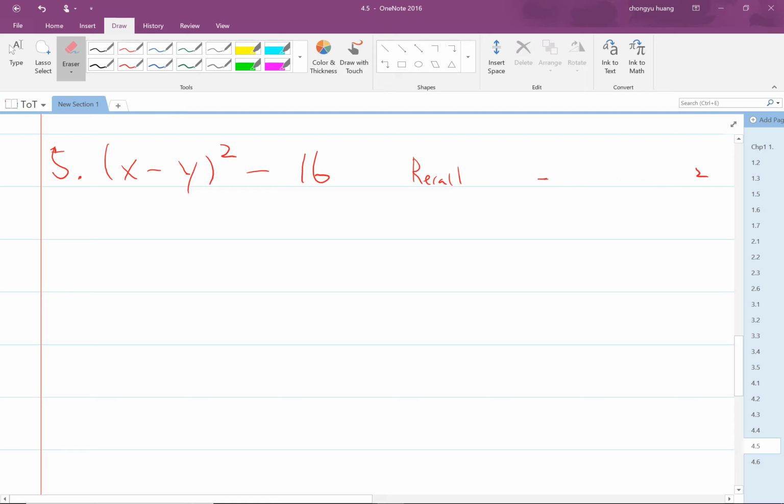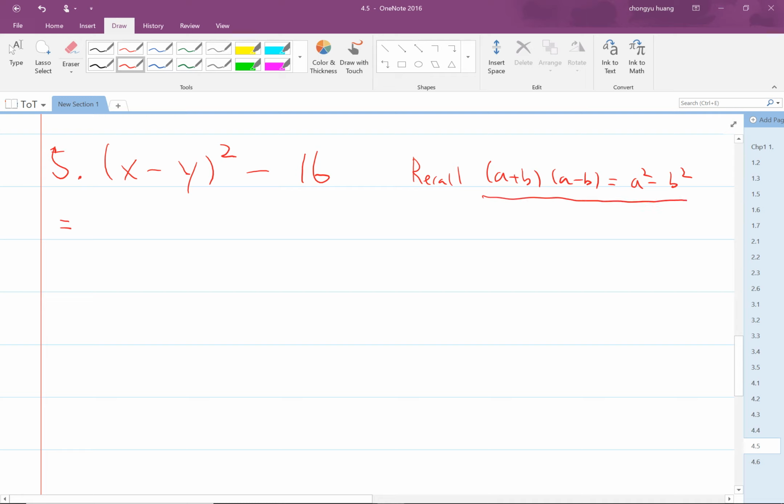Let me rewrite it a little bit, because I think it's not quite clear. A plus b times a minus b is equal to a squared minus b squared. Let me explain more clearly how you apply this property to this question.